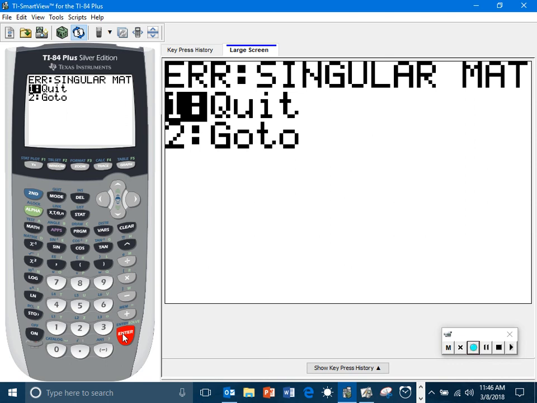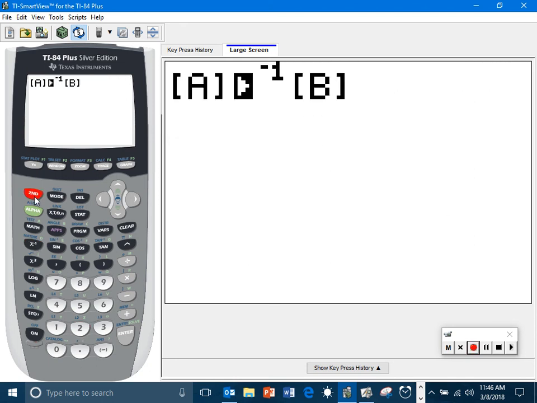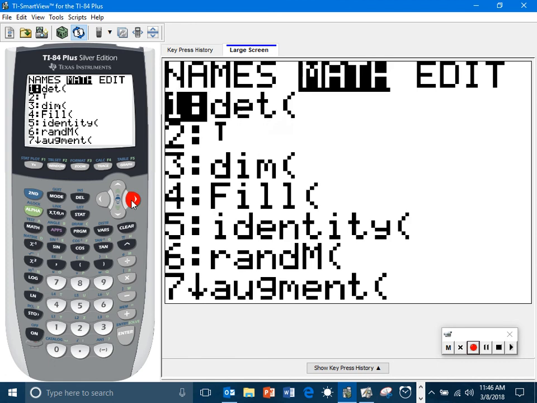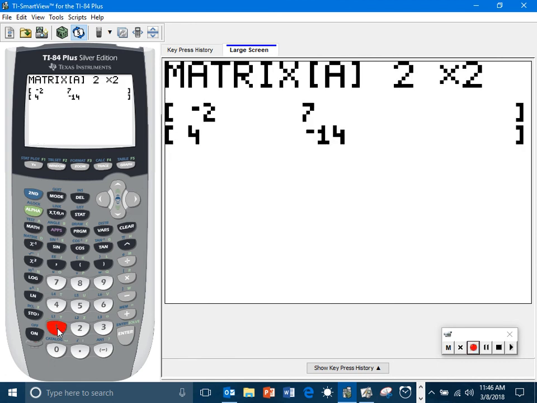Okay, so I get this error message, and what I'm going to do is I'm going to go back and double check my numbers. Okay, my numbers there look good.